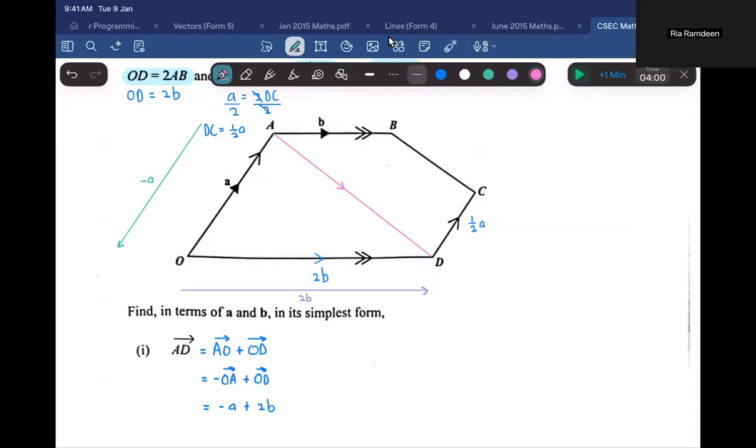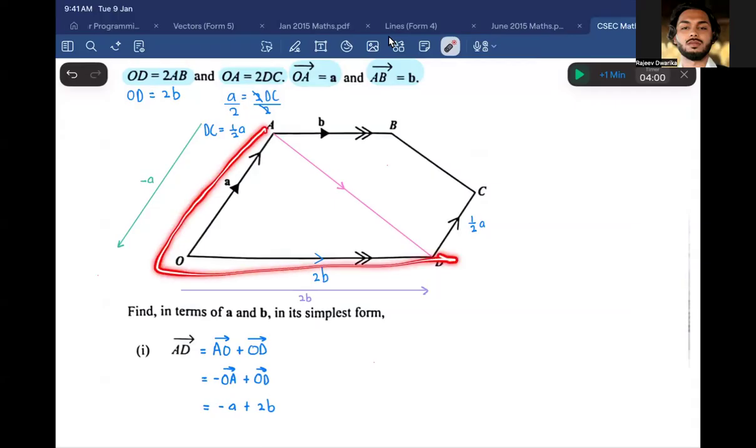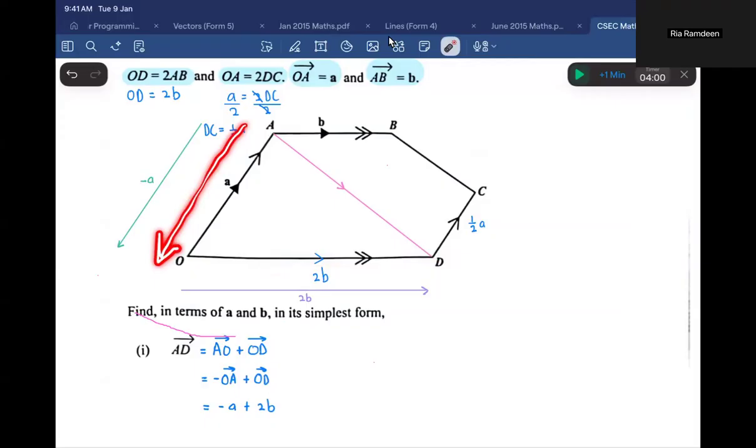Let me run through this again. If I want to go from A to D, I would go from A to O. Now, A to O is in the opposite direction of O to A, so that'll be negative A. Understand?